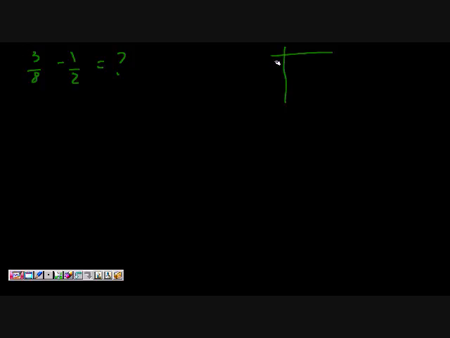So 2 and 8. 2 goes into 2 1 time and then 8 4 times. And then next one again 2, 1 as is, and 2 goes into 4 2 times. And then 2, 1 as is, and 2 goes into 2 1 time. So the LCM is 2 into 2 into 2, the three numbers at the top, which is 8. So the LCM of 8 and 2 is 8.